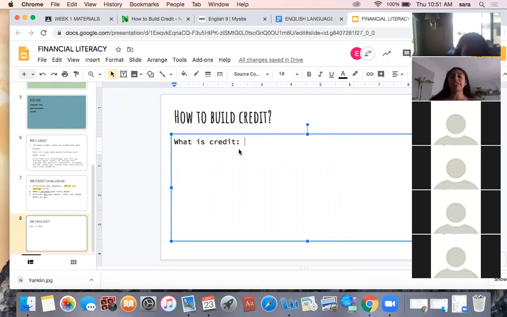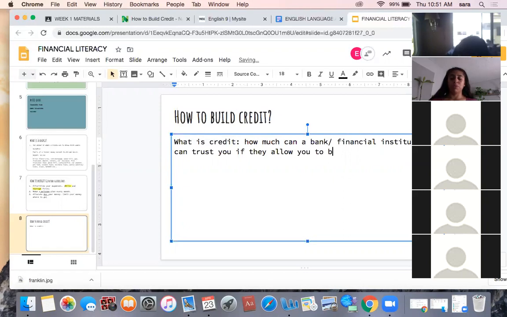So what is credit then? Credit is how much a bank or a financial institution can trust you if they allow you to borrow money.